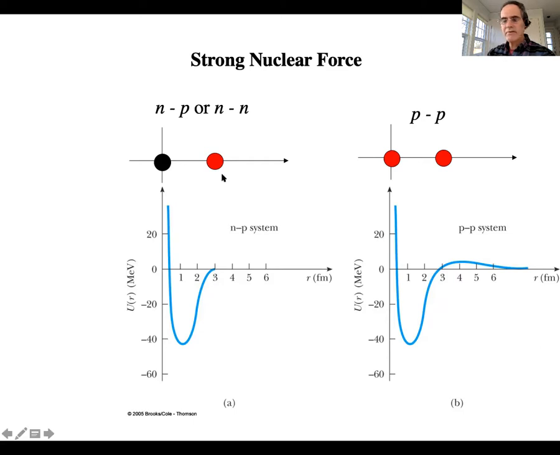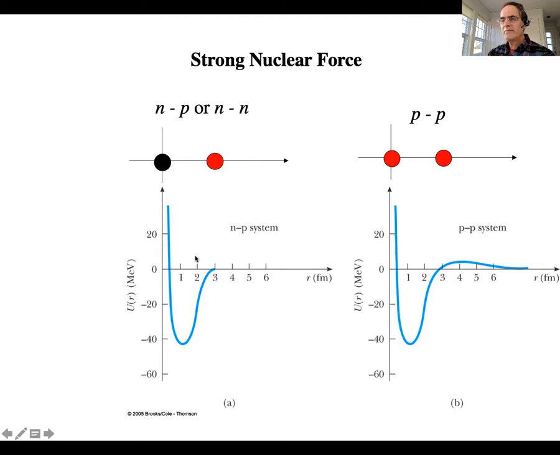Secondly, the nuclear force is very short range. This is a sketch of the potential energy that a neutron feels in the vicinity of another neutron or a proton due to the strong nuclear force. The force is very short range. Beyond about 3 femtometers, it's negligible.